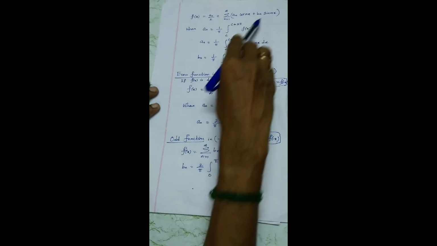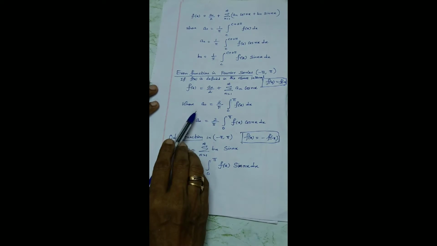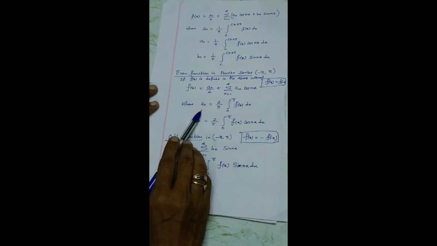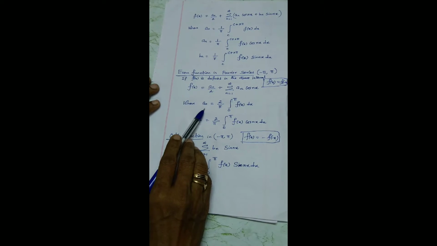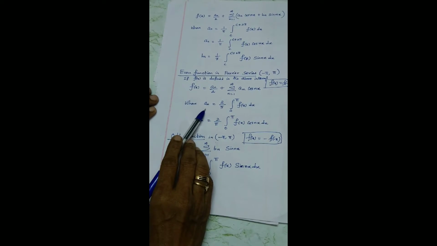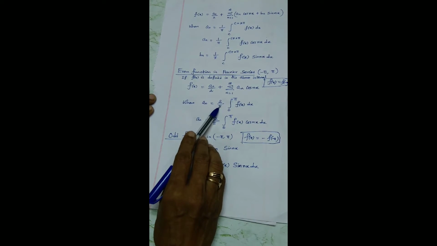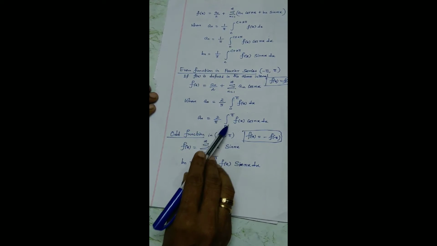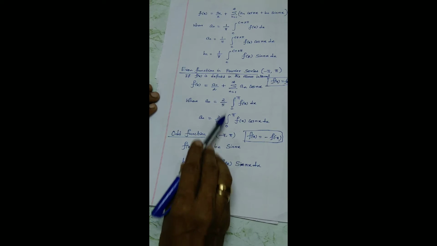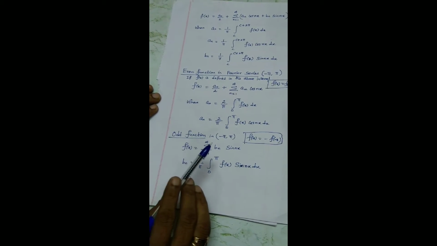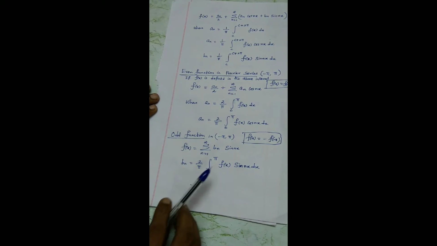Just write from this, no need to mug up separately. And a naught, remember, while evaluating an even function, it should be even number first: 2 by pi 0 to pi f of x dx. An is 2 by pi 0 to pi f of x cos nx. Only these two exist. By default Bn is 0, no need to write, just ignore.